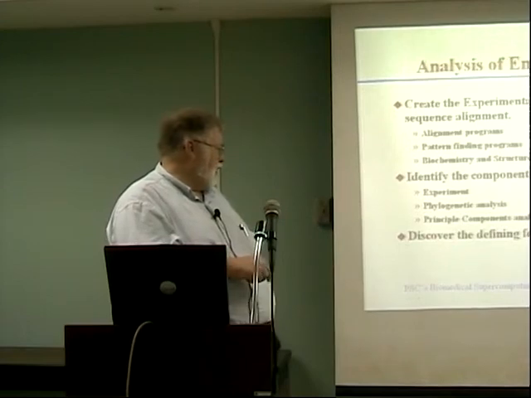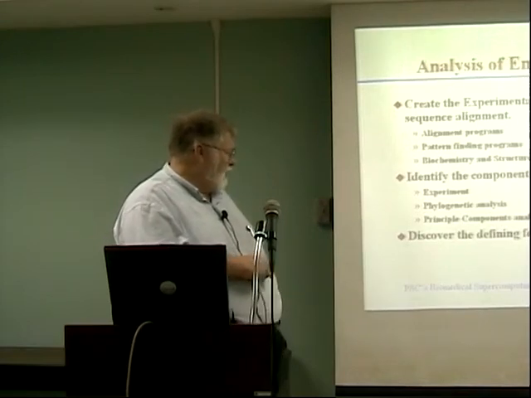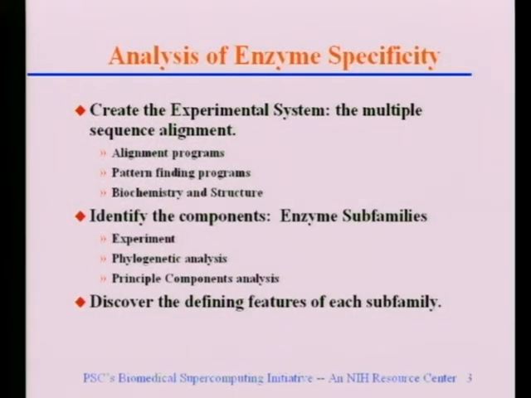And then we can apply the model we have of these defining features to each subfamily and identify what they are, and go back and integrate that with the known structure of the subfamily and see how that actually affects the biochemistry.